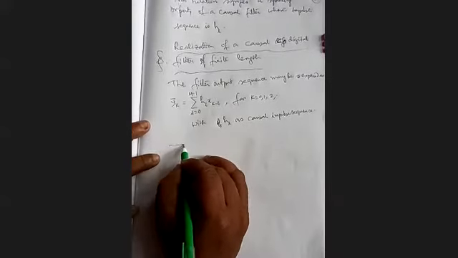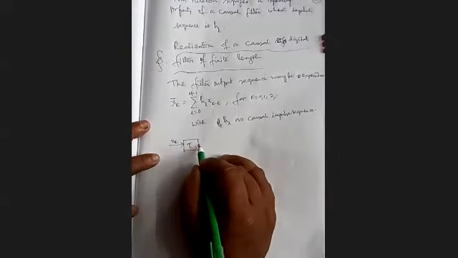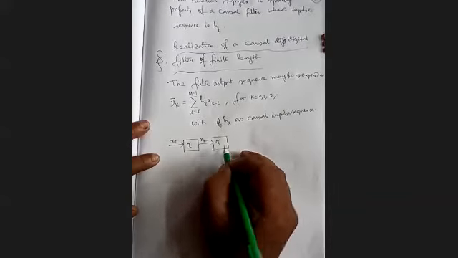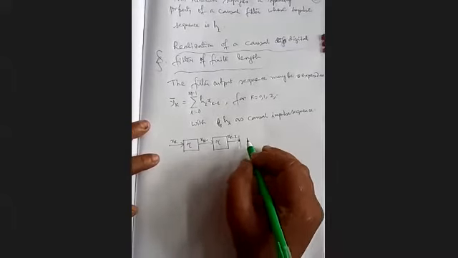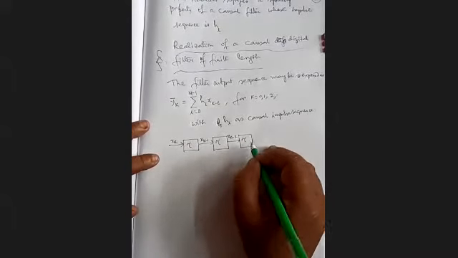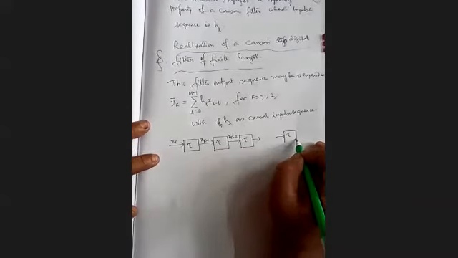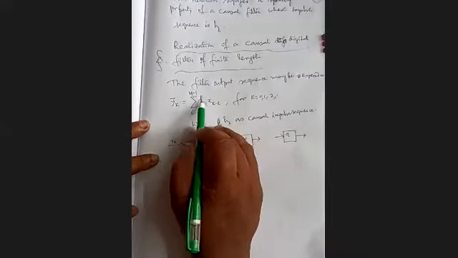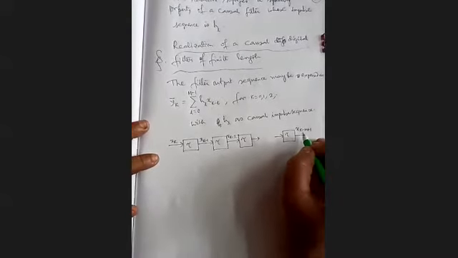So it will be, so 1 tau, this is xk, then xk minus 1, then another delay unit, then xk minus 2, so this way it will go to a tau. The last term is xk minus of m minus 1. So xk minus m plus 1. Minus of m minus 1 means minus m plus 1.